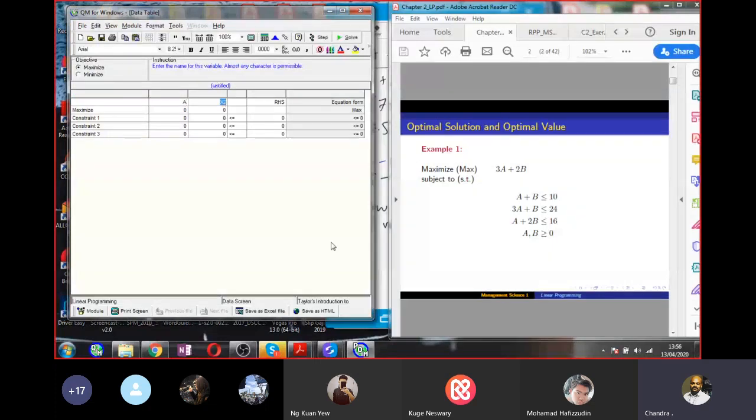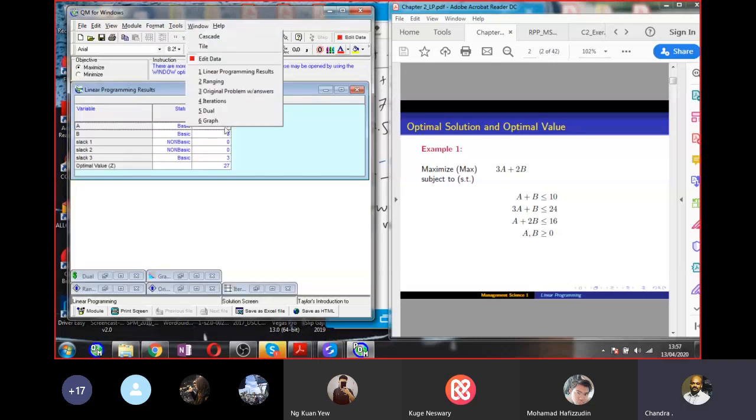A, B, 3, 2, constant 1 is 1, here 3. I suppose now you are expert in using this QM software. Press solve here. Of course, your graph will be this.